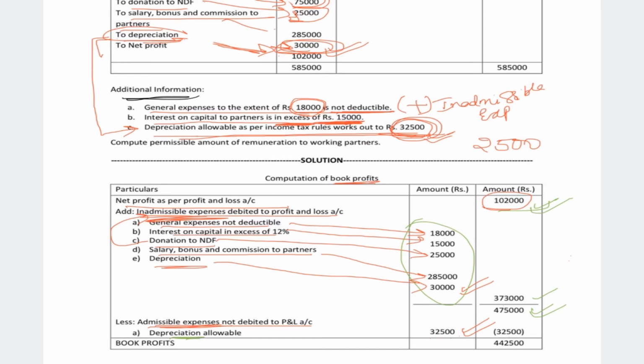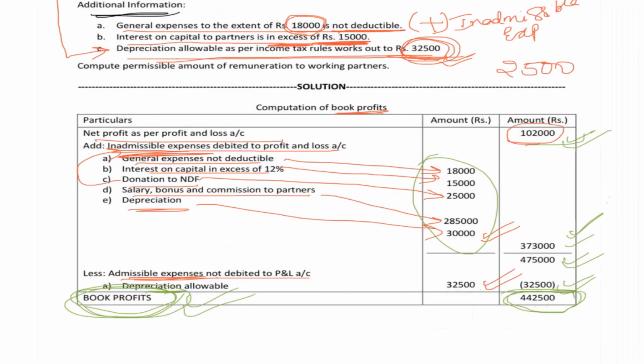So the difference value which we have got here is 4,42,500, which is called book profit. I repeat, whatever we get after adding or deducting the given values will be called book profit. So the book profit is 4,42,500.